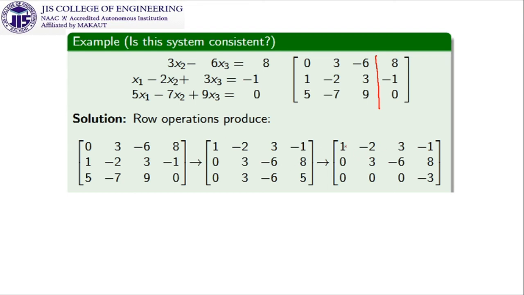Look at this. In this step, is it in echelon form? The answer is yes. So if you want to find the number of non-zero rows, please concentrate. The number of non-zero rows in the augmented matrix is 1, 2, 3.